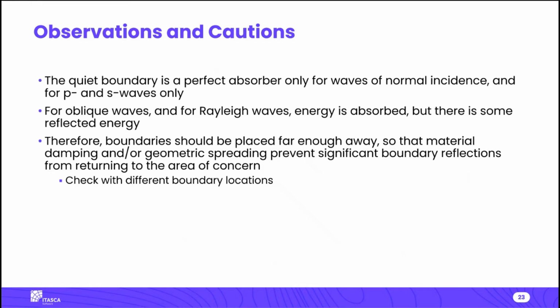If the wave is coming in at an angle, the viscous boundary condition is not perfect. You might see a small amount of reflection. So bullet point 3 here, even if you're using quiet boundary conditions, you should try to put the boundaries fairly far away from the area of interest, just in case you get some little reflections due to the imperfection of these viscous boundary conditions.